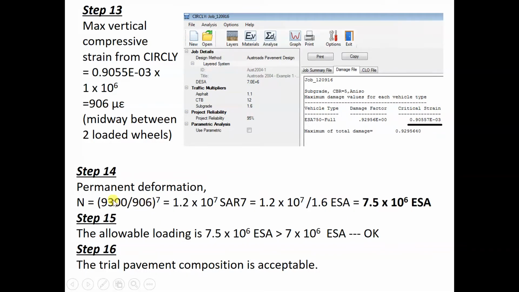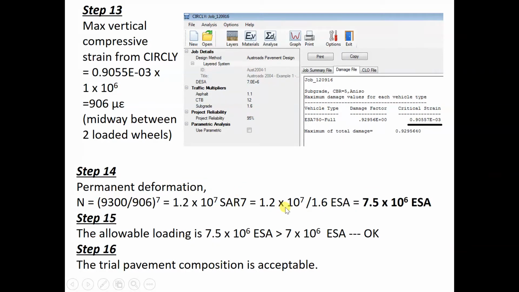This formula will give an expression of the SAR 7. This is the allowable standard axle repetition. The 7 means that it is for the subgrade or the permanent deformation.